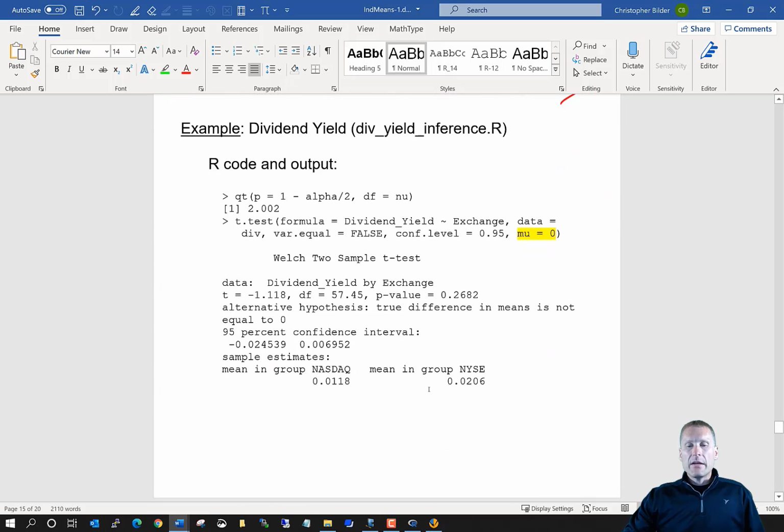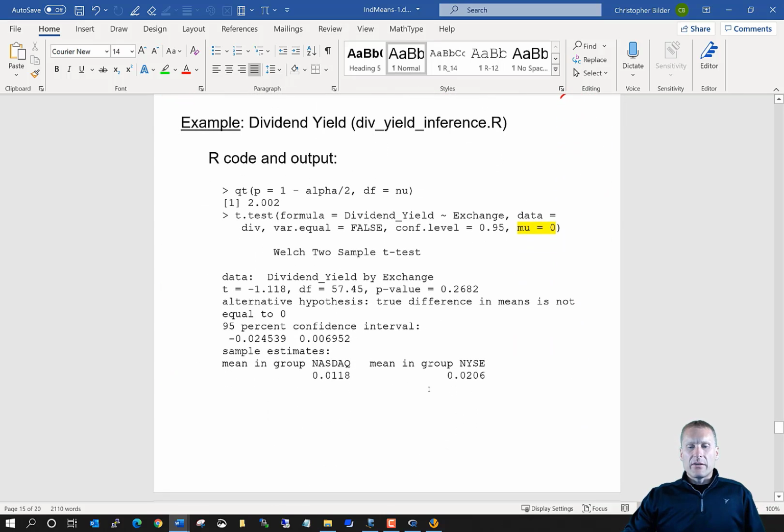Okay, so let's go back to the dividend yield example. If you remember, we looked at this t.test function before. The key thing is this part right here. If I want to do a test where in H0 we have some kind of equality sign and we're comparing it to 0, then I say mu equals 0.